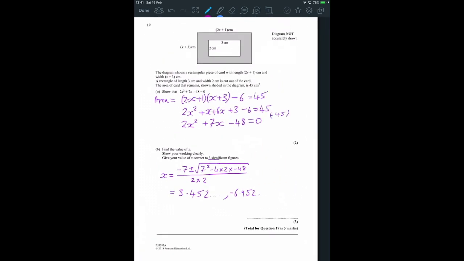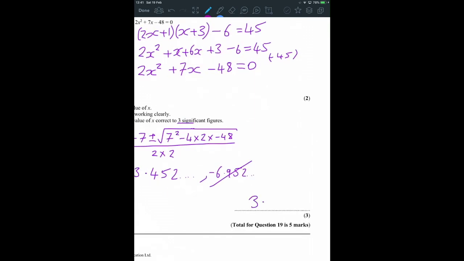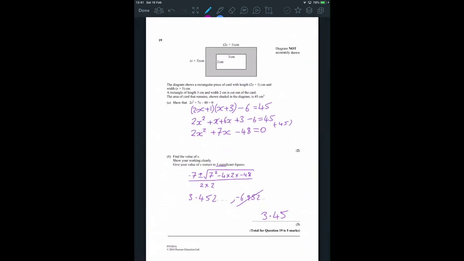These side lengths up at the top, these have to be positive, and if x was negative 6.9, those are not positive, so that is not a solution. However, they are positive with the other one, so let's put that on the answer line, rounded to the 3 sig fig that the question asked for.